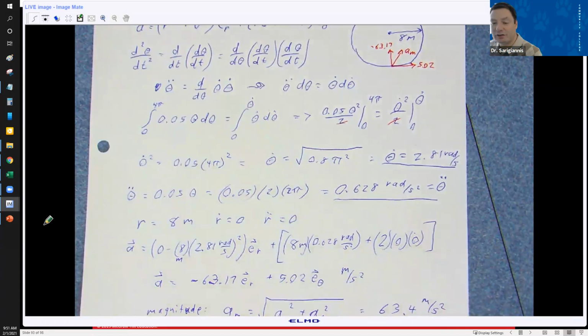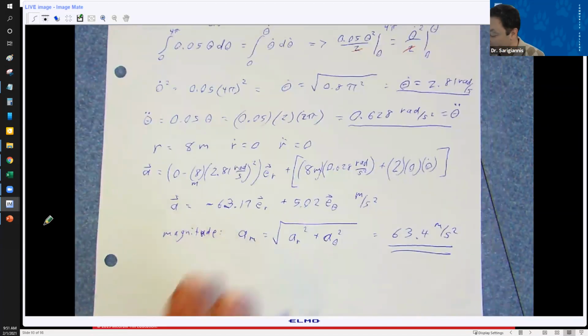So this is the magnitude of the acceleration. And again, you could calculate the angle if you wanted to with respect to the tangent or the normal, using your inverse tangent function. But that's the magnitude of acceleration.